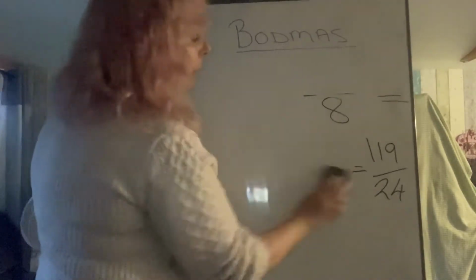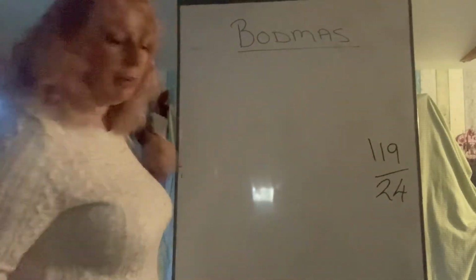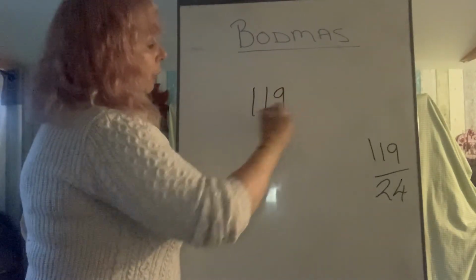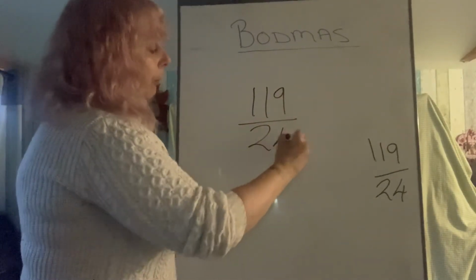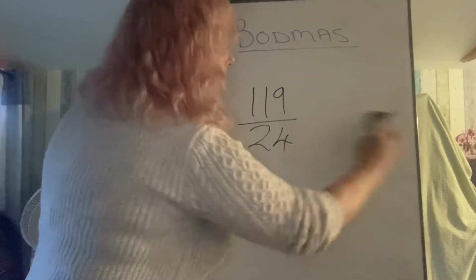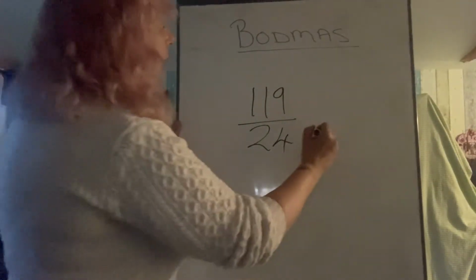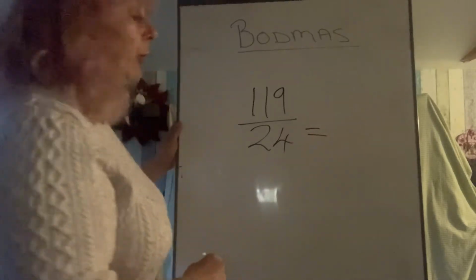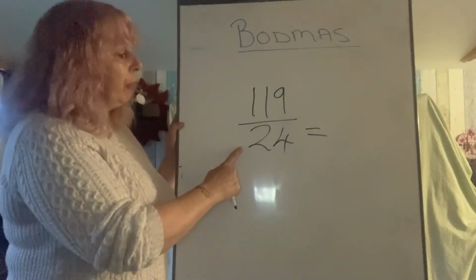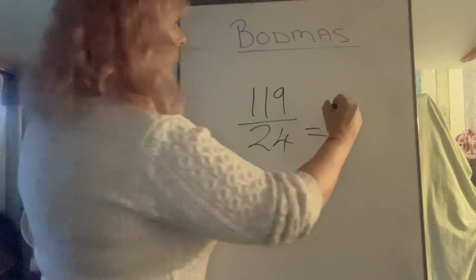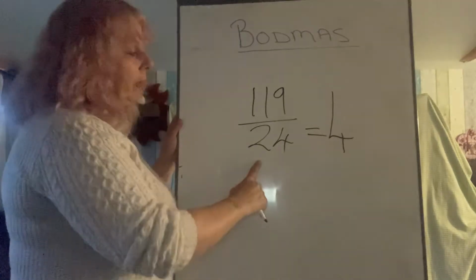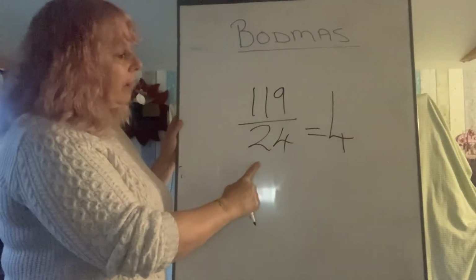But when we're dealing with fractions, we're not going to leave it as an improper fraction. We need to turn it into a proper fraction, and if possible, we need to reduce it as well. So in order to turn it into a proper fraction, we divide 119 by 24. Well, that'll be 4 exactly. 24 times 4 is 96.